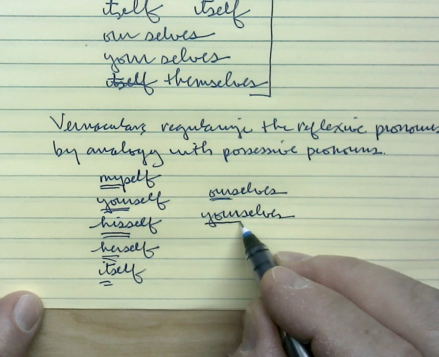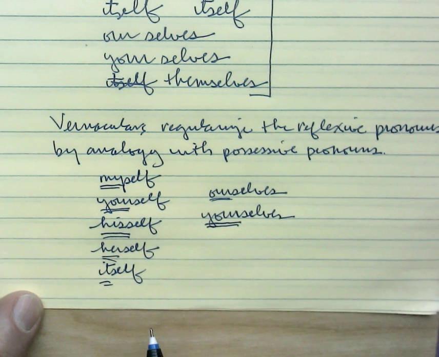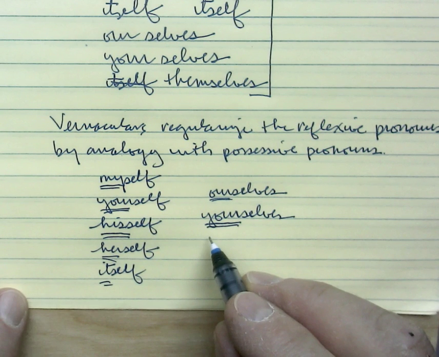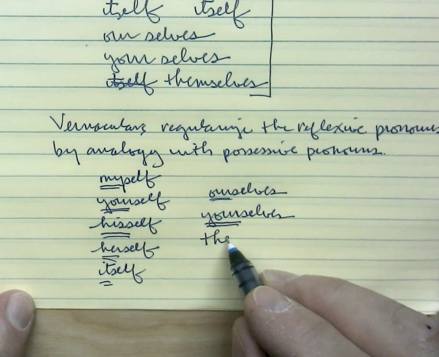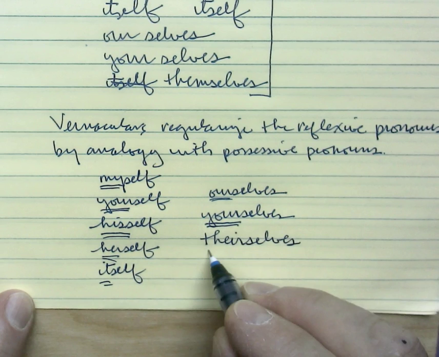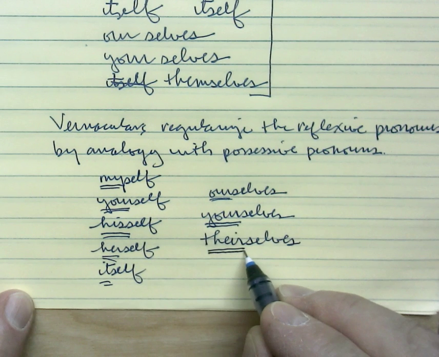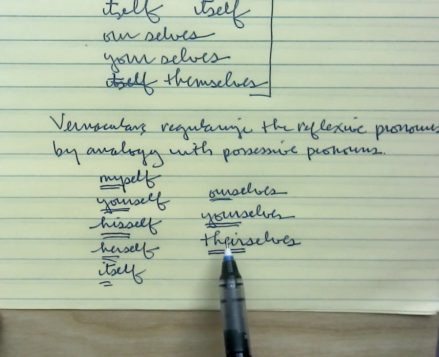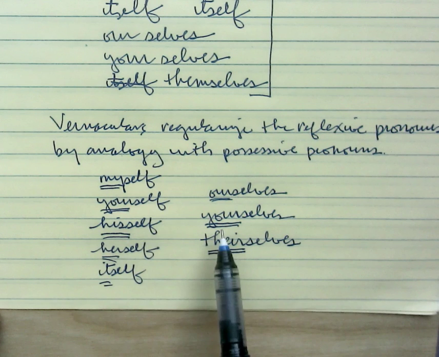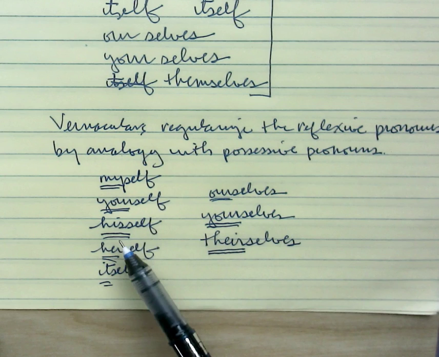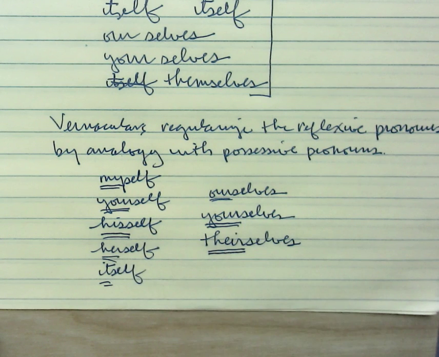We're still using that same possessive adjective form, but now Standard English says themselves, but a vernacular says theirselves, because their is the possessive adjective form, and it wants to regularize so that all of the reflexive pronouns have these possessive adjective forms inside them.